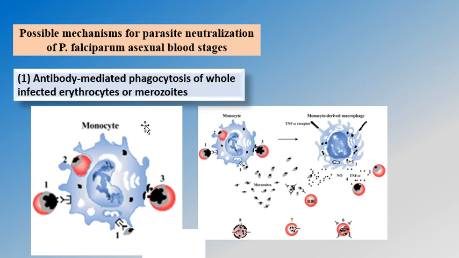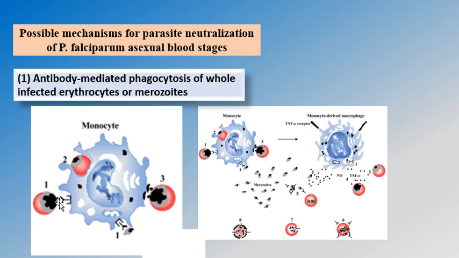The first mechanism is antibody-mediated phagocytosis of whole infected erythrocytes or merozoites, as can be seen here. These specific antibodies are raised against some molecules on the surface of the red blood cells.